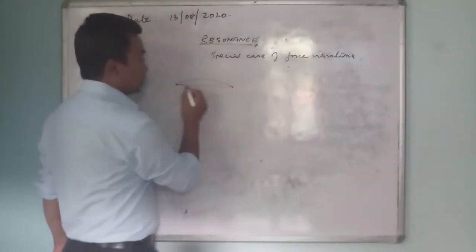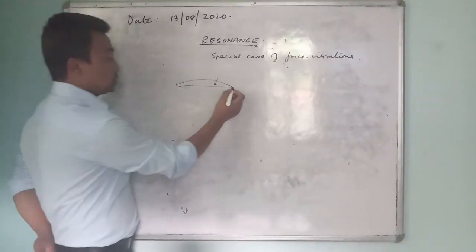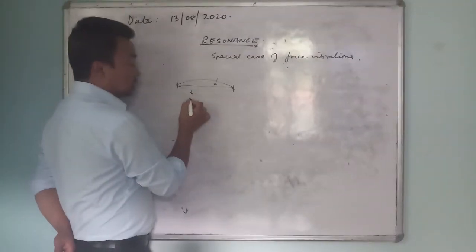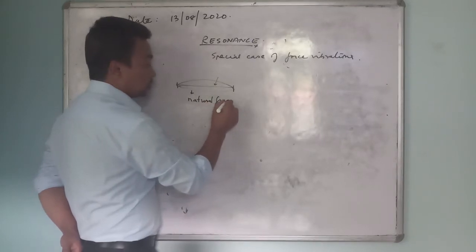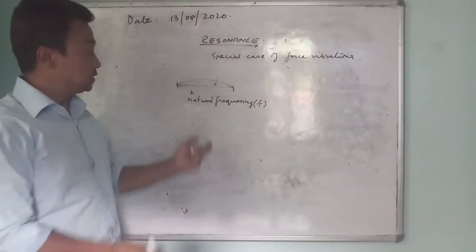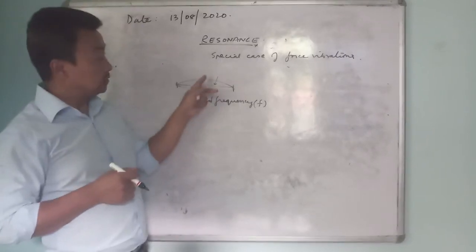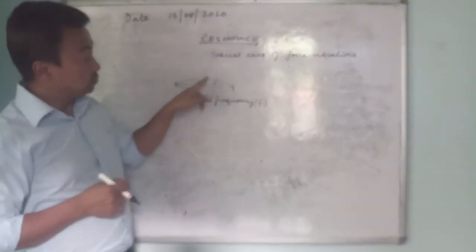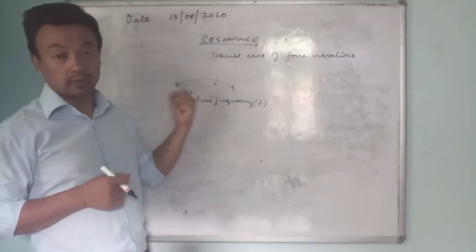Suppose you take and you pluck your string, and you leave it. Now this body will have a natural frequency, let us say given by F. When you pluck only once, that means you have given the restoring force, and this body will vibrate with the natural frequency. And the vibration goes on decreasing with time, and after a certain period of time it stops.